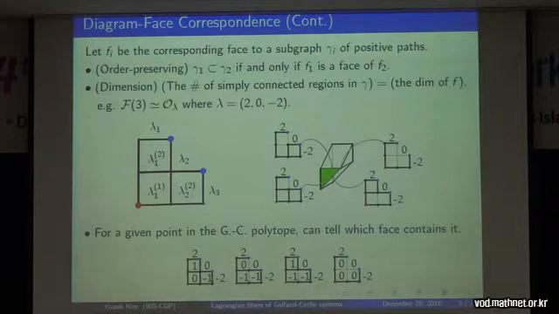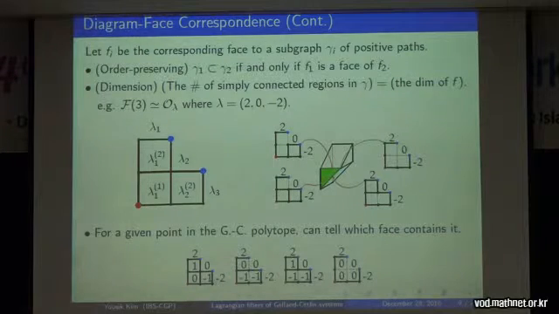So for a given point in the Gelfand-Cetlin polytope, one can easily tell which face actually contains it. For example, let's look at this point, 0, -1, -1. We have to get rid of this positive path, and then we get this graph. This graph corresponds to that.